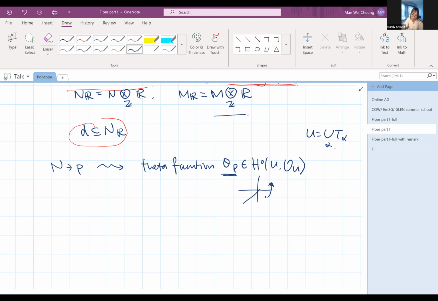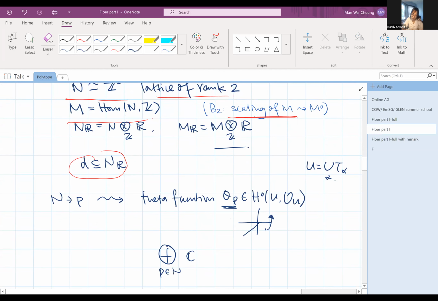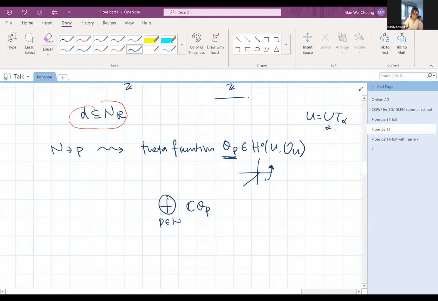Then we consider the space generated by the theta functions, and what GHKK show is that this space is an algebra with a very nice structure.